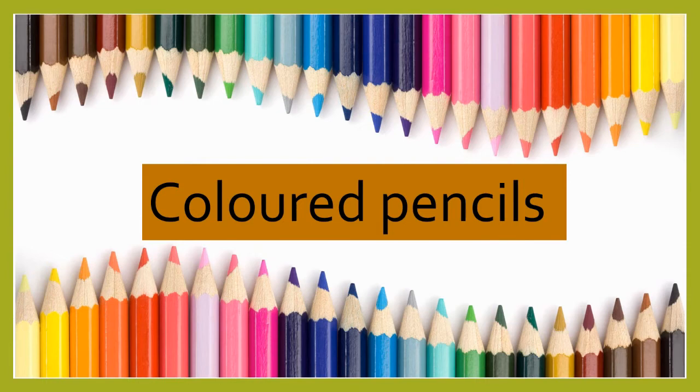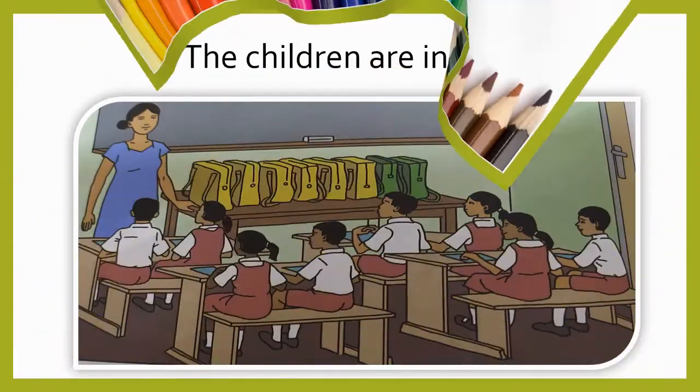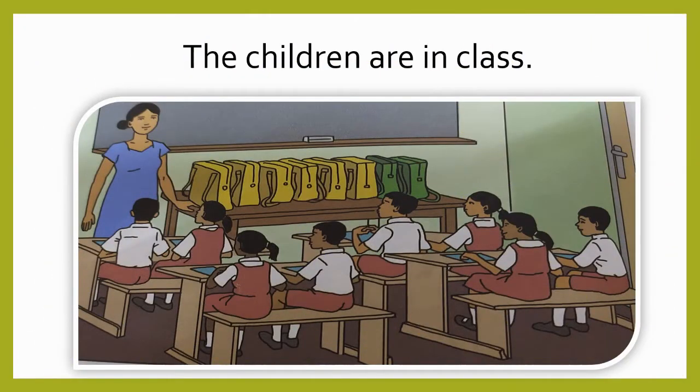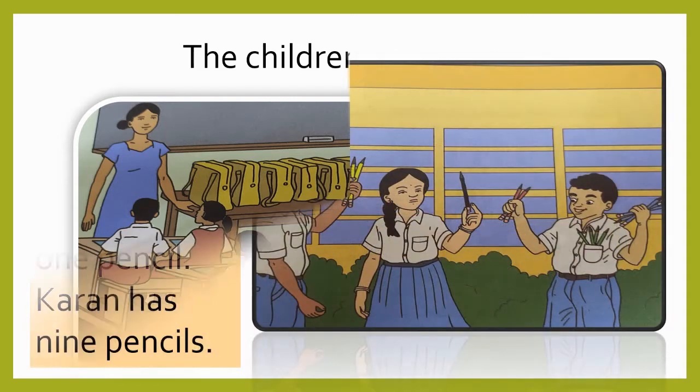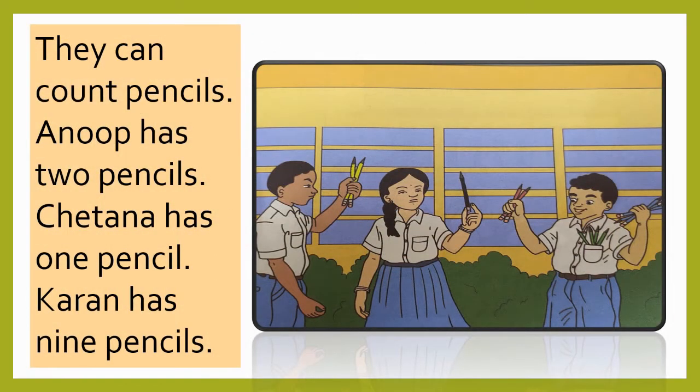We have read the story. Now, I will explain the story with the help of the pictures. So, let's start. Colored pencils. The children are in class. As you can see in the picture, the children are sitting in the classroom. They can count pencils.